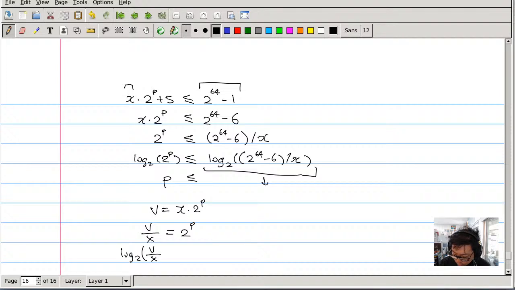So the log 2 of V divided by X is just going to be P. And we want to take the floor of that because we want our integer P to be the integer that is less than or equal to whatever irrational P we are solving for here. All right, so do we have any questions at this point for number 4?